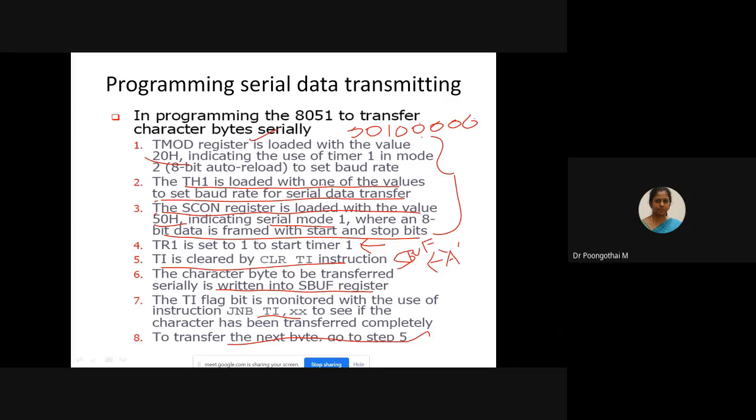Load the TMOD value, next TH1 value and SCON value, start your timer and move the character into the SBUF register, monitor the TI flag. Once the TI flag is set to 1, clear the TI flag and transfer the next data. That is, repeat the same steps.